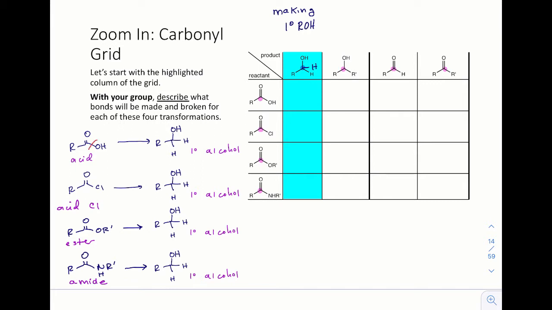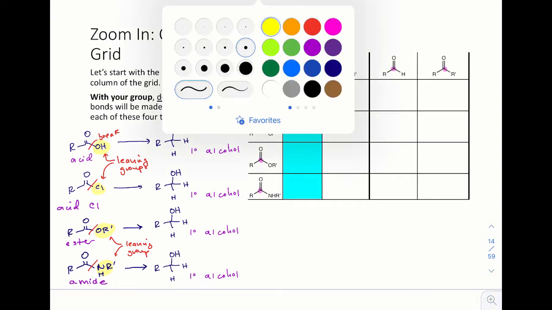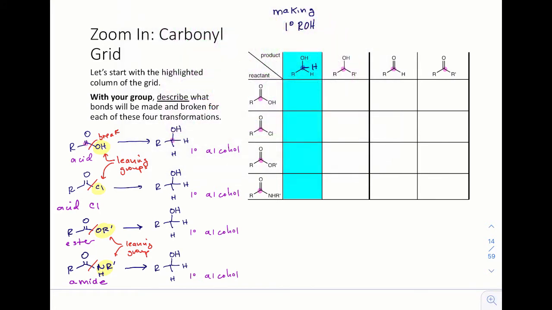Well, in each case, the bond between the carbonyl carbon and X, what we called generically X when we were discussing acyl transfer reactions, those bonds are broken. And in fact, these groups we expect will be leaving groups because a sigma bond is being broken and those X groups are completely leaving the molecule. There's no longer a bond between the carbonyl carbon and OH or Cl or OR or the amino group.